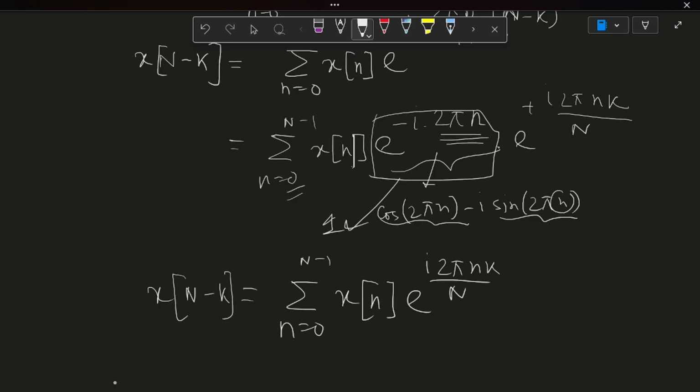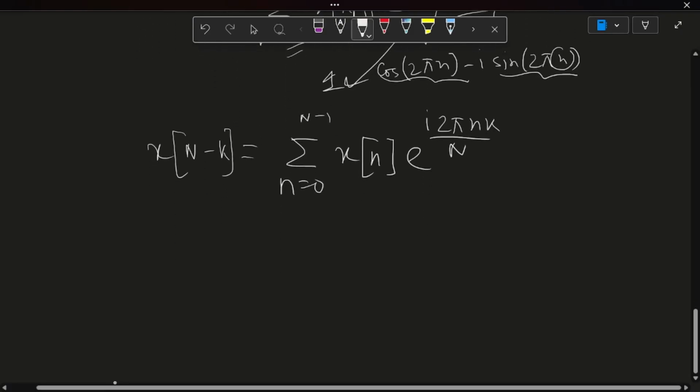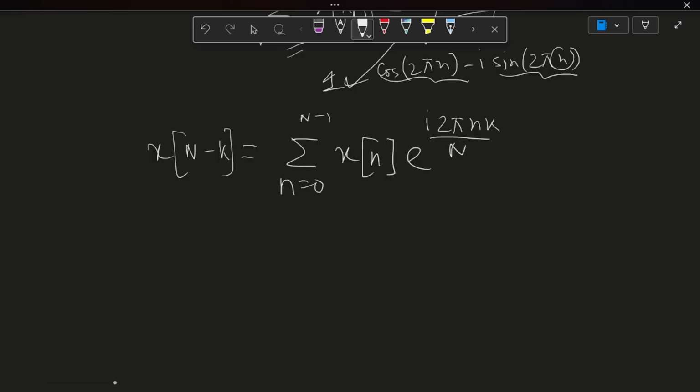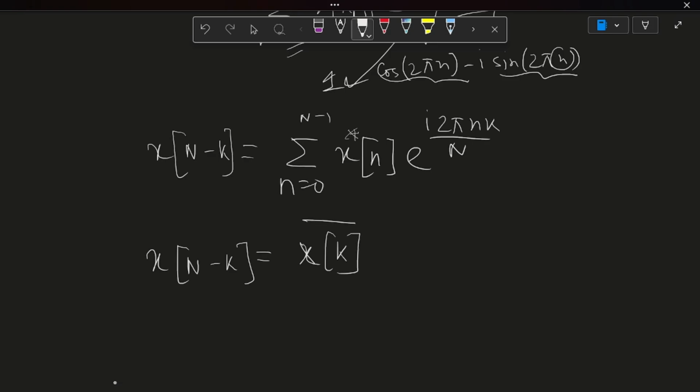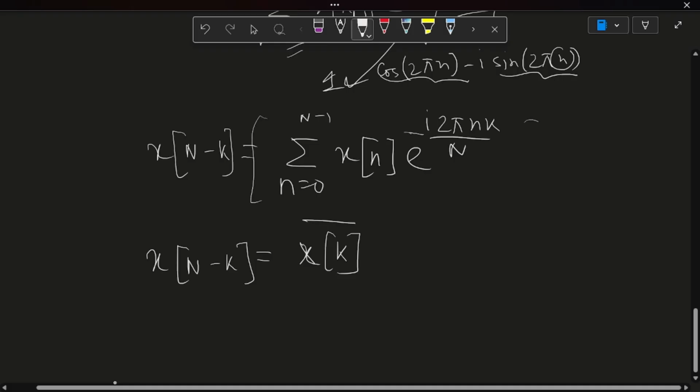Now, if x is a real valued signal, whenever we are doing an experiment, we will obviously get real values. Generally in real world applications, x is always real. So for a real number, x and its complex conjugate are the same. So we can write X_(N minus k) as X_k with a minus put here and take the complex conjugate of the whole.